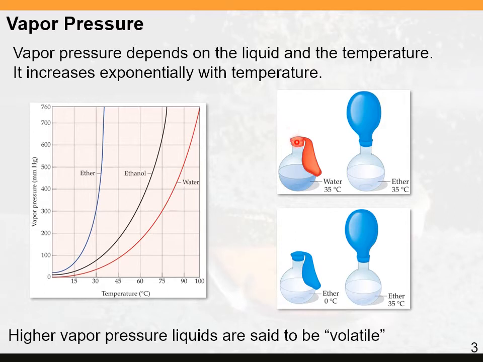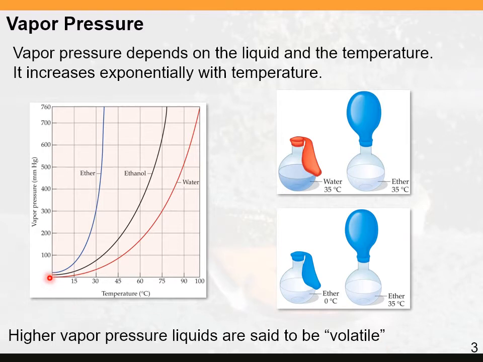If you look at the pictures of balloons attached to flasks containing water and ether at 35 degrees Celsius, the flask with the ether has the balloon filled with gas because of ether's higher vapor pressure at that temperature. Ether evaporates more easily than water. It is more volatile than water. We call higher vapor pressure liquids volatile liquids. They evaporate more easily. They evaporate faster.